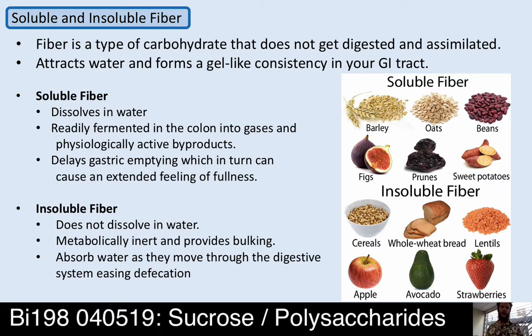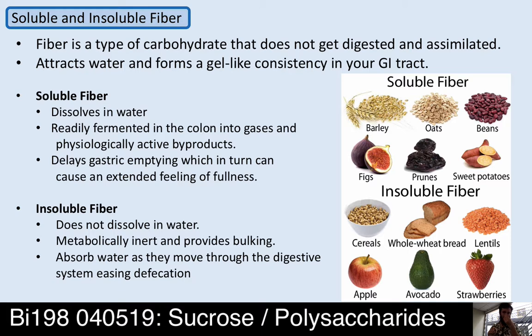So if you have a diet that has a reasonable amount of soluble and insoluble fiber, they can help you with appetite control. The modern American diet is actually sadly lacking in a lot of soluble fiber, which is one of the reasons appetite control is kind of a hard thing for some Americans.